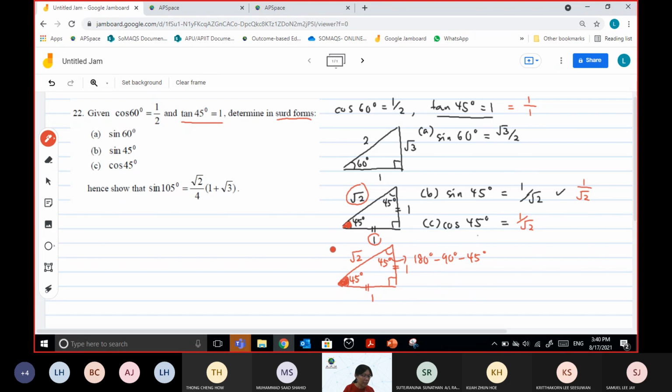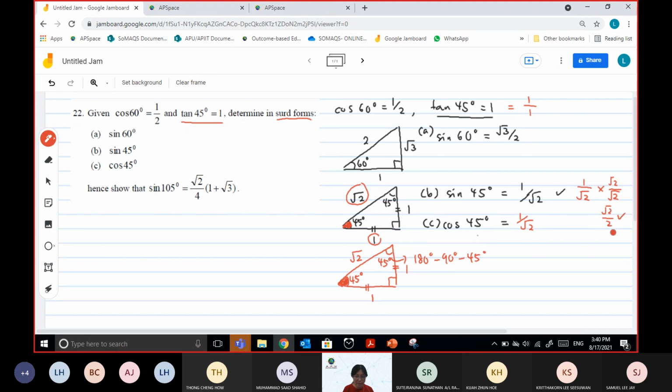Miss, for the answer for B and C, can I write it as square root 2 over 2? I multiply it by square root 2 over square root 2, then you get your answer as square root 2 over 2.